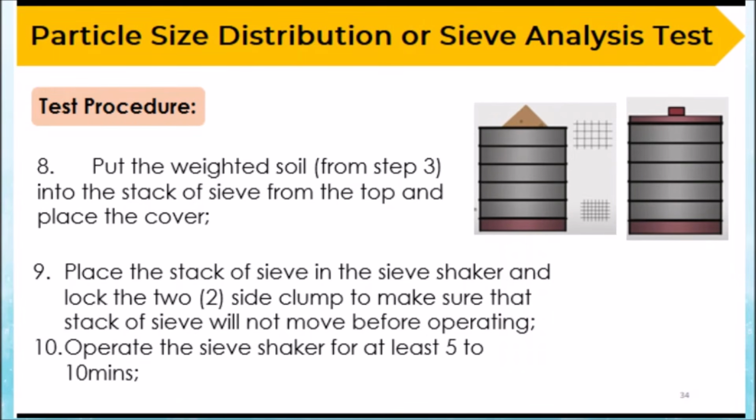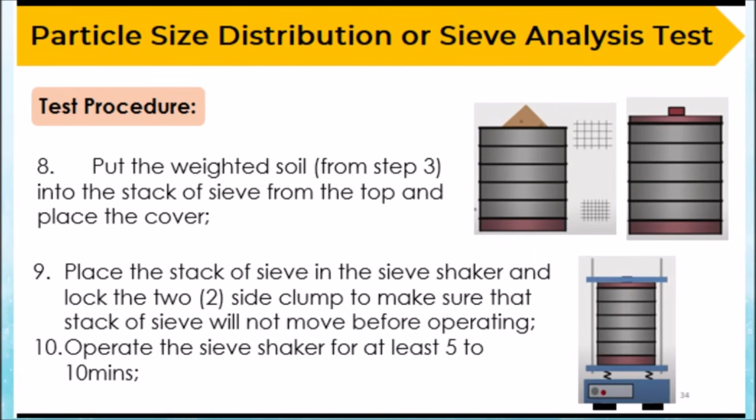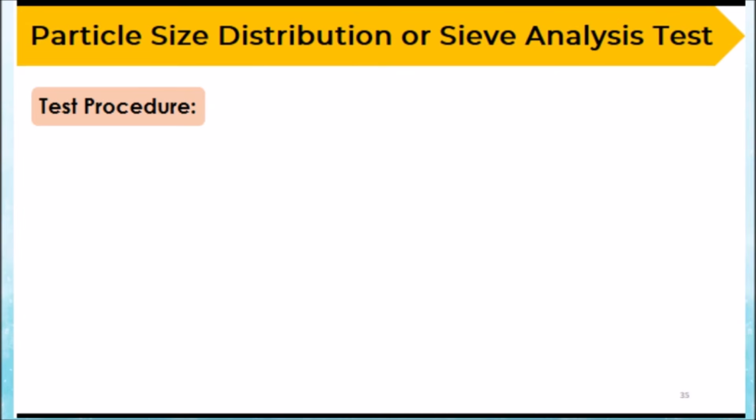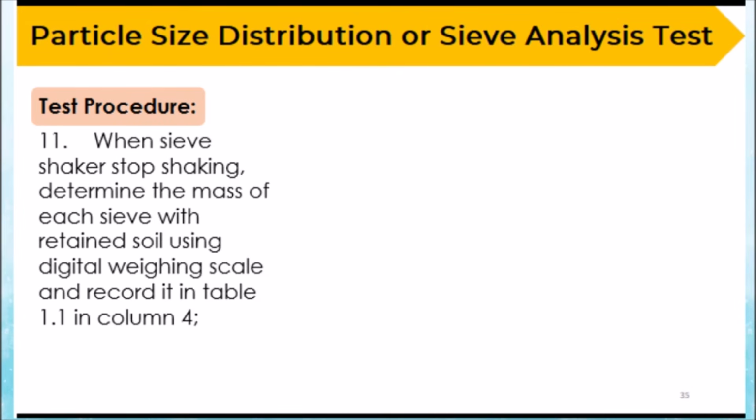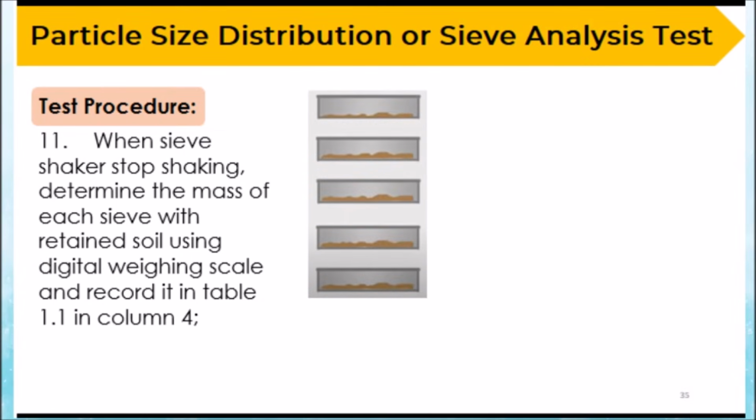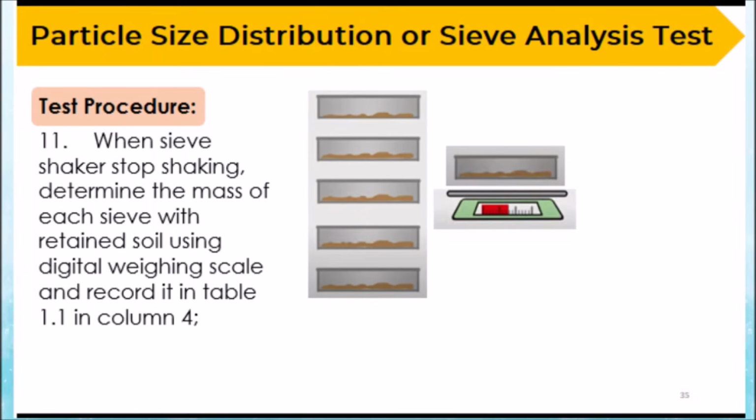And operate the sieve shaker for at least 5 to 10 minutes. So next, when the sieve shaker stops shaking, determine the mass of each sieve with retained soil using the digital weighing scale and record it in table 1.1 in column 4.